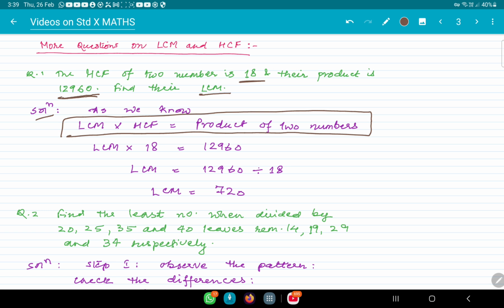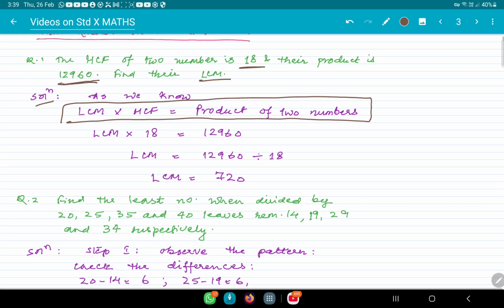Now put the values which your question is giving. So HCF is 18 and the product of two numbers is 12960. So here we are using the product of two numbers formula. Instead of this, you can also write first number into second number. This is another formula.